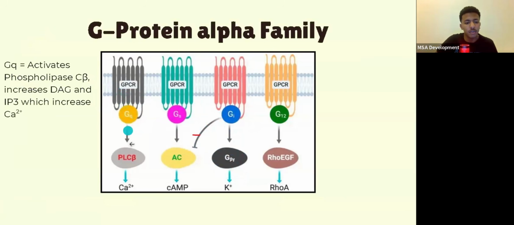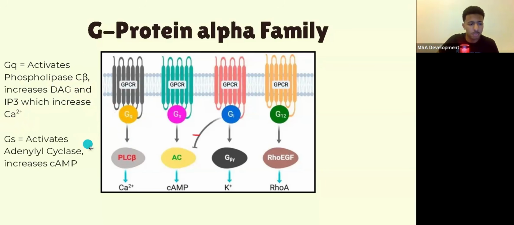GQ activates something known as phospholipase C beta, and phospholipase C beta is gonna cleave something known as PIP2. We're gonna look into the details, which increases DAG and IP3, and we also increase the calcium. Okay, just remember the keywords calcium, IP3, DAG, phospholipase C beta, they're all related to GQ.